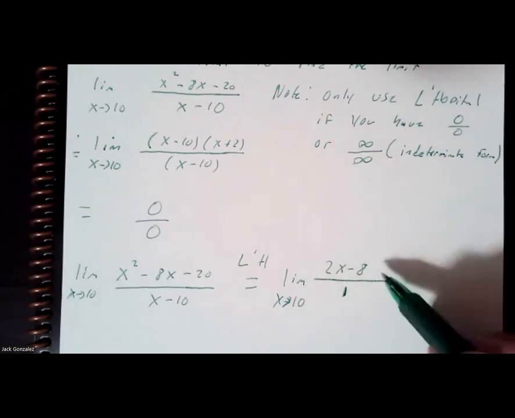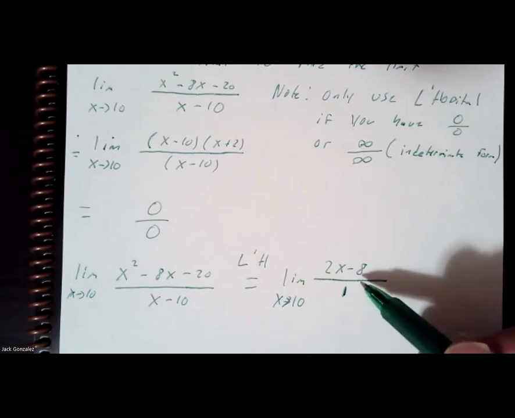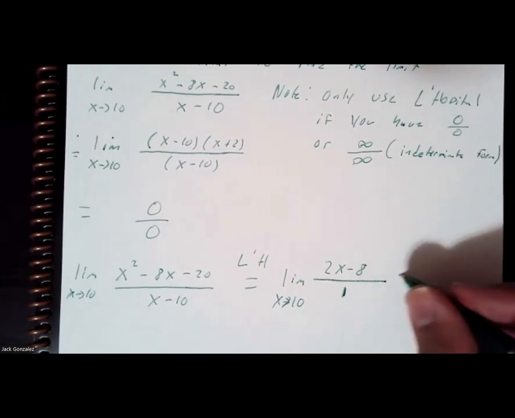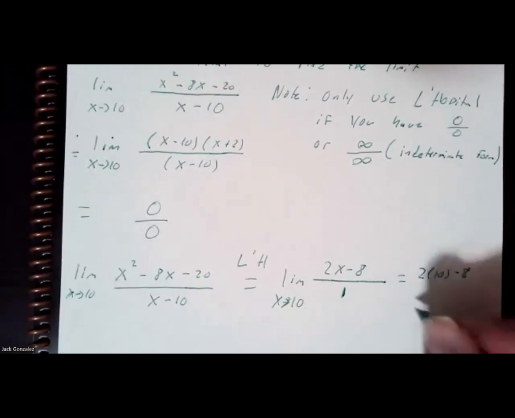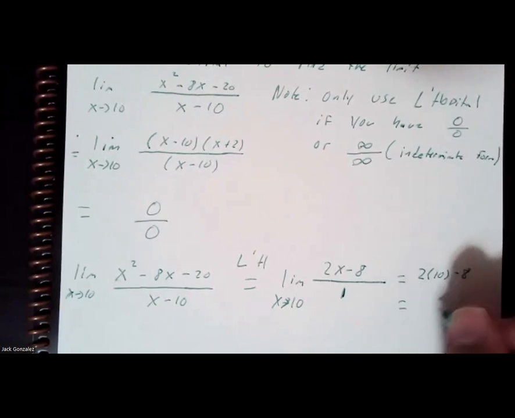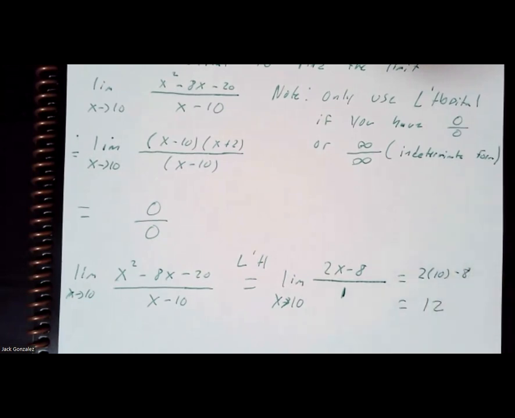Now I no longer have 0 over 0 if I plug in the limit. We'll just take the limit to get 2 times 10 minus 8, so 20 minus 8, 12.